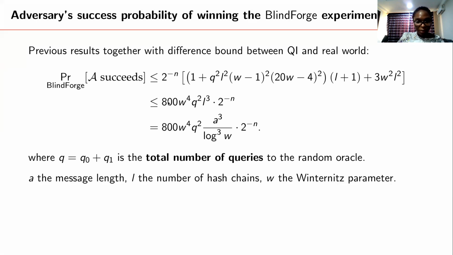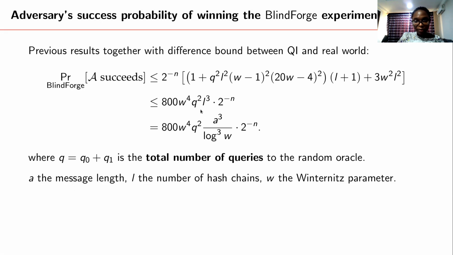And after making some computation, we get this, where Q is the maximum number of hash queries, the queries to the random oracle. So it's given by Q0 plus Q1.